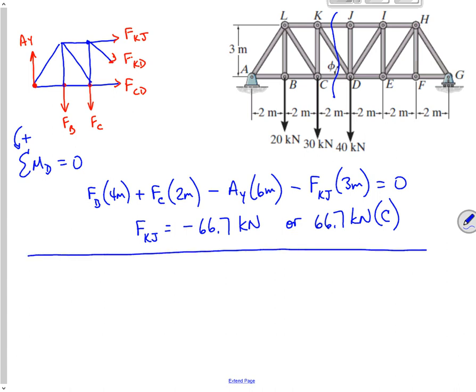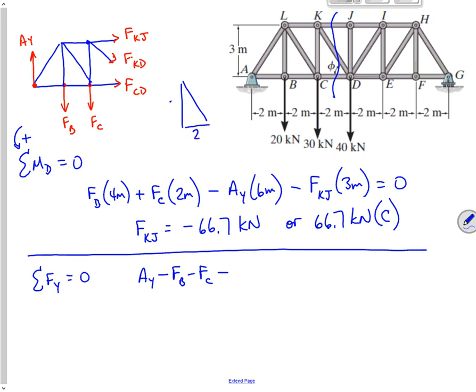So now I use the sum of the forces in the y direction has to be equal to 0. That's going to give me AY minus FB minus FC minus, and now it makes more sense to draw a triangle here. Here's my triangle.